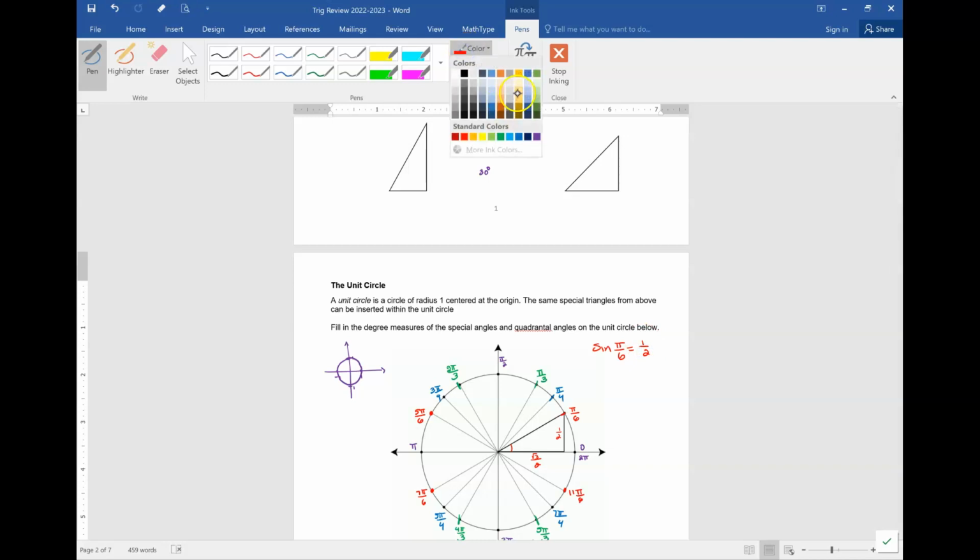Another way to look at this is if you do have a pi over 6 angle, that will intercept the unit circle at this point. You can't really see that. It will intercept the unit circle at this point. So now, how does one get to that point? Well, to get to that point, I have to go horizontally a little bit and over a little bit. If that's a 30, 60, 90 triangle, there are only 2 possible sides that I can travel: a side of √3/2 and a side of 1/2.